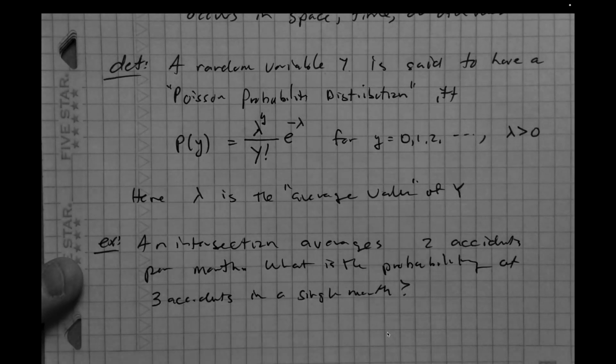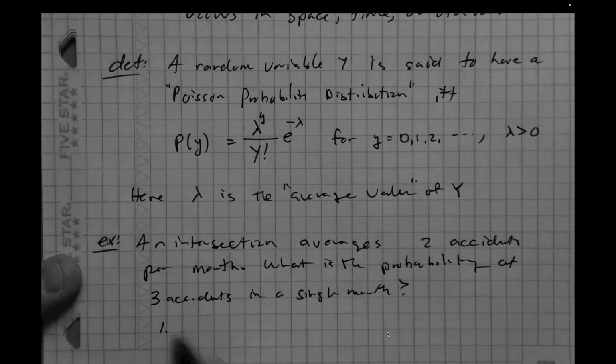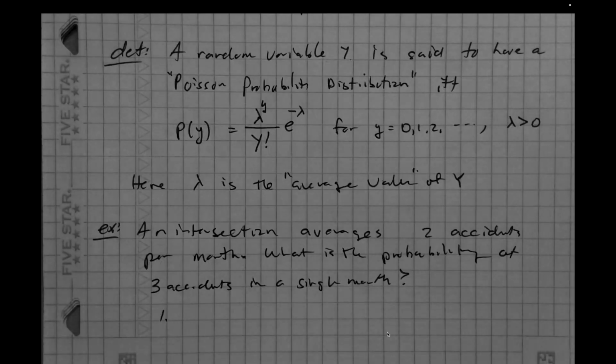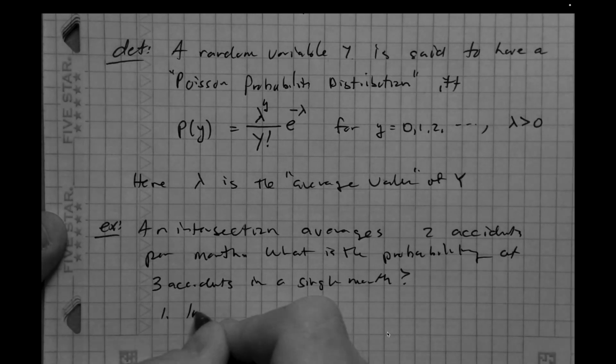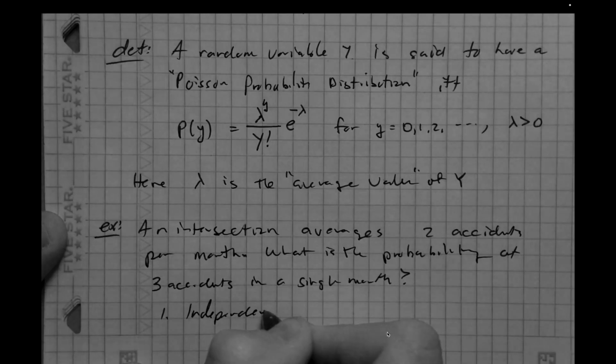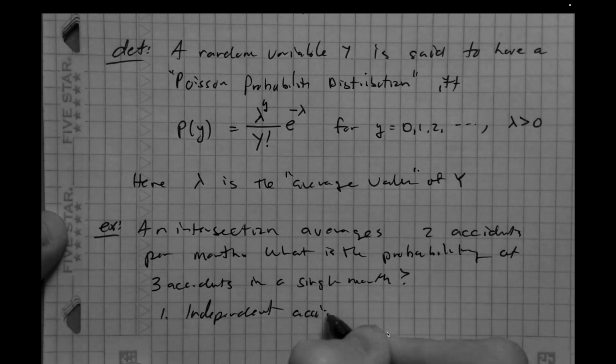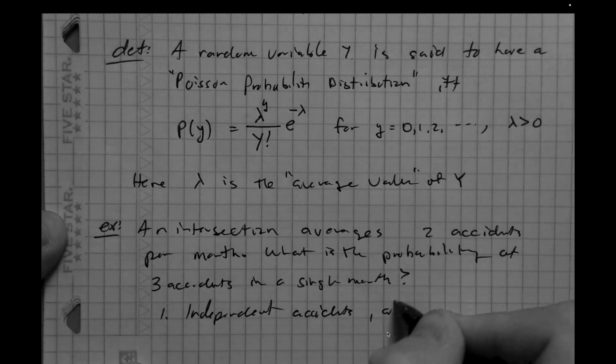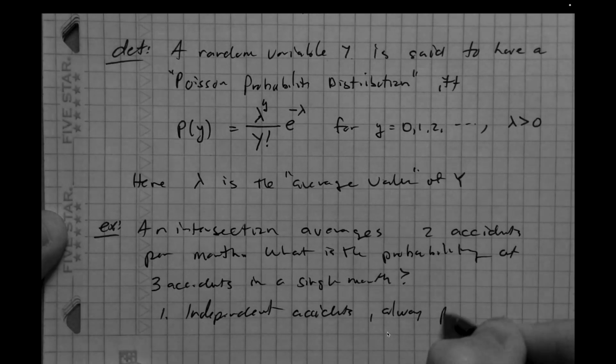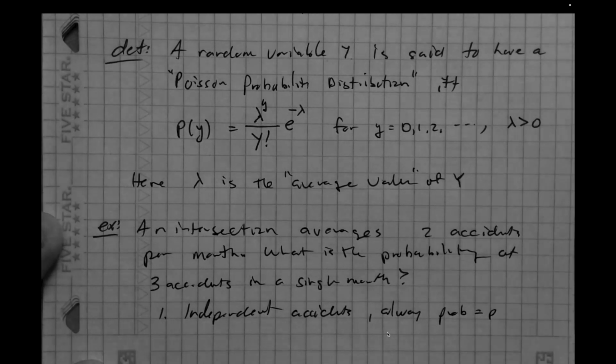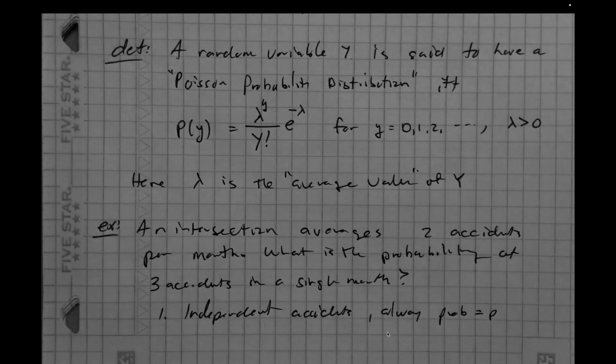Right, so you can think about this problem and all of the conditions. So first of all, the accidents are all going to be independent, presumably. And the probability of an accident is always the same, p. So the probability doesn't change from minute to minute at this intersection, presumably.